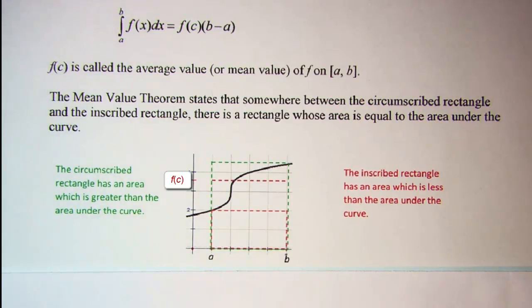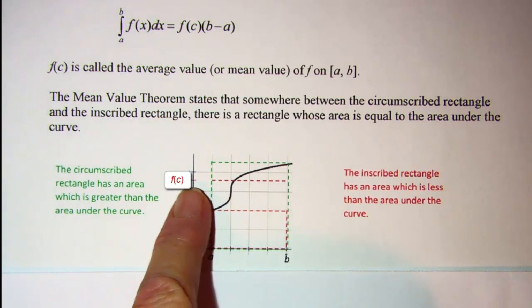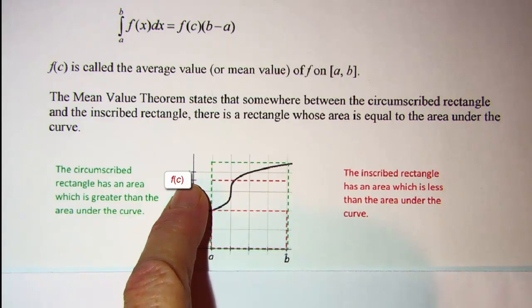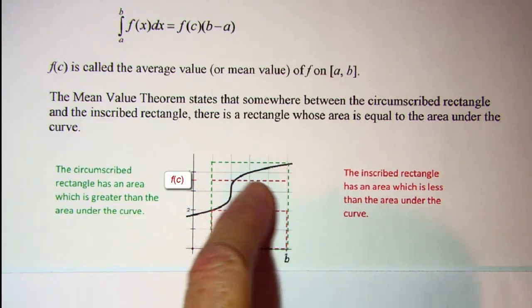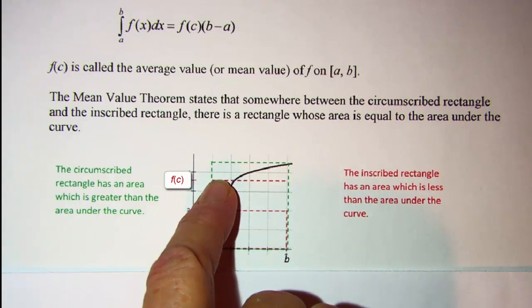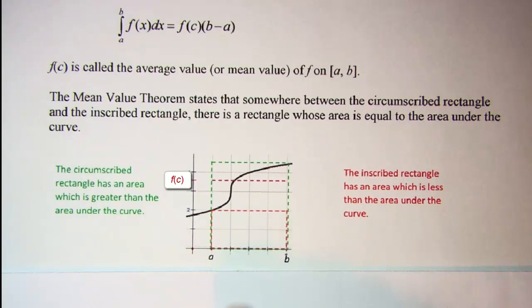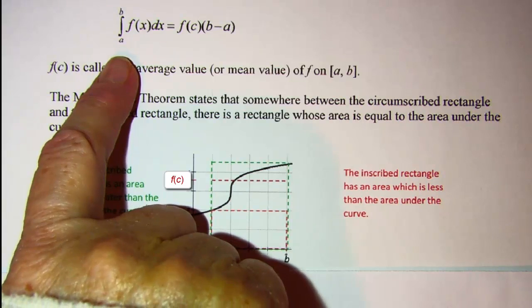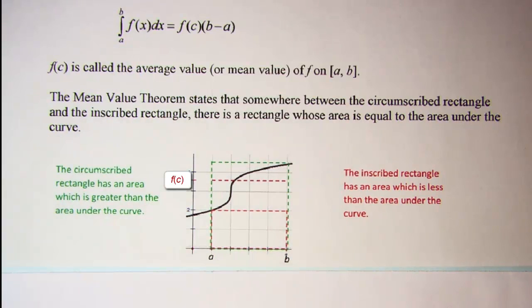And the mean value theorem states that there's some value c such that f of c, which would be the height of the rectangle, multiplied by the width of the rectangle, is equal to the area under the curve, which is designated by this definite integral from a to b.